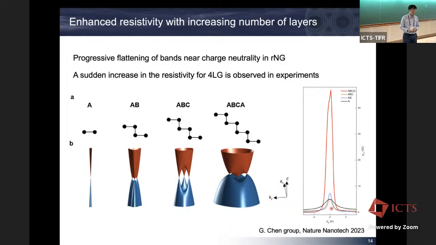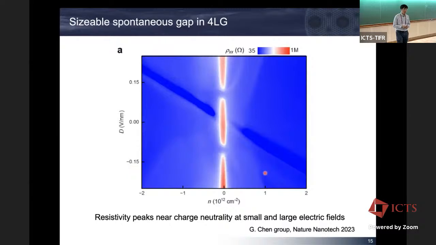And this is an experimental representation. The resistivity shows a big jump when we go to a 4-layer system. It looks like we've crossed the threshold where the Coulomb interactions start manifesting themselves very clearly. And this is a representation of those experiments from Chen Guorui's group at Shanghai Jiao Tong University.